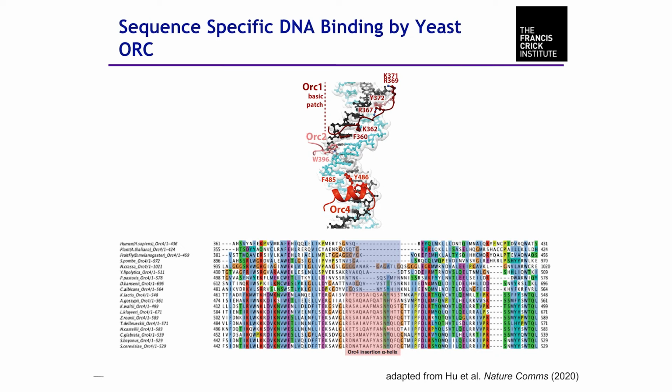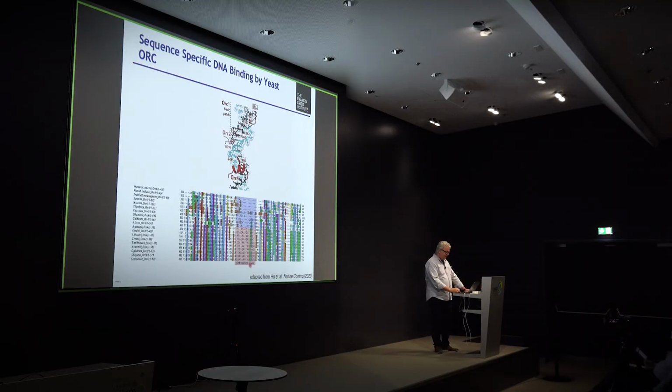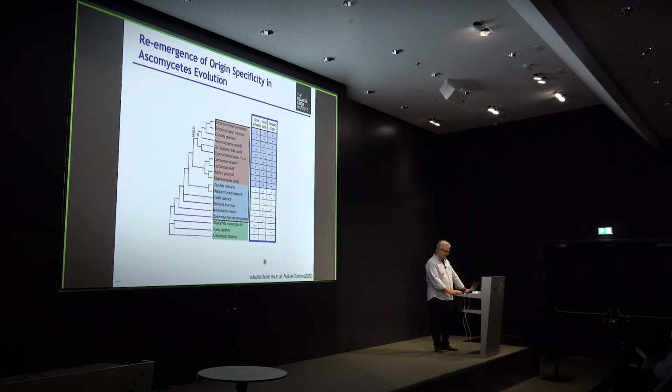However, when we look at that ORC4 alpha helix in evolution, you can see that its presence is really restricted to a group of yeasts related to budding yeast, and this shows it a little bit easier to read. In red up here are the yeasts that have that ORC4 alpha helix, and these all also have specific replication origins.